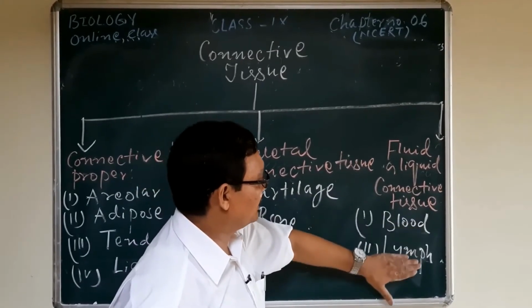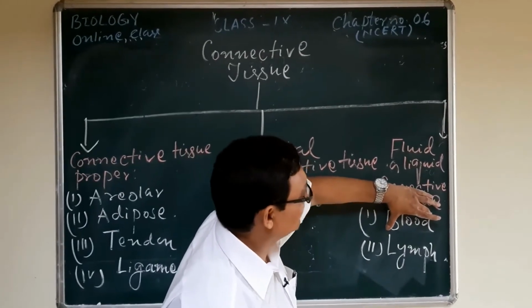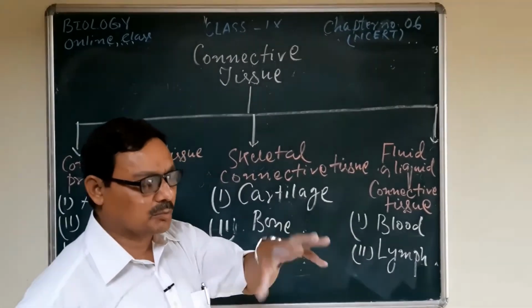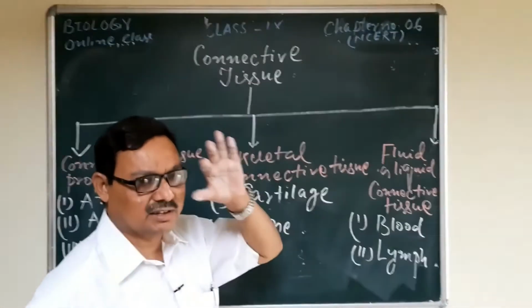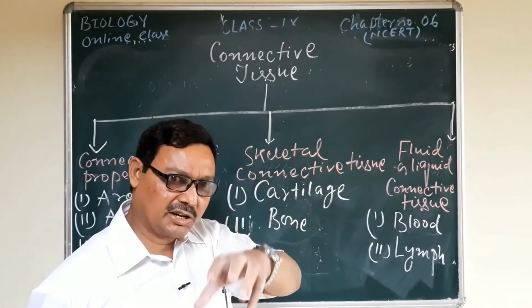In the case of blood and lymph, the matrix is plasma, and in this type of matrix you may see that the plasma itself comprises 90% water and only 10% dissolved materials, both organic and inorganic.